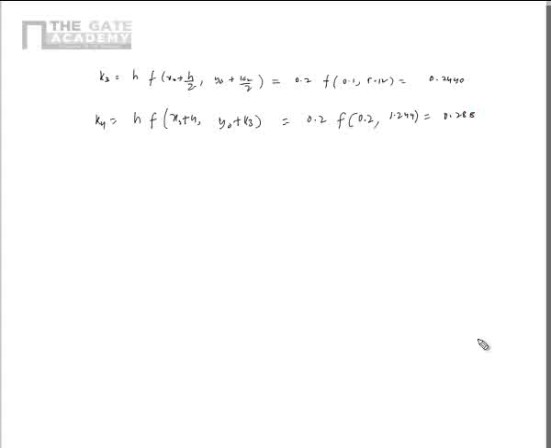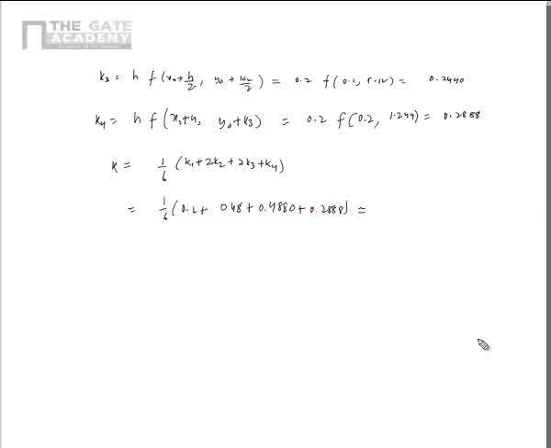0.2888. Okay, so now you have k1, k2, k3, k4, so k will be 1 by 6 of k1 plus 2k2 plus 2k3 plus k4, and this value comes out to be 1 by 6 of 0.2 plus 2 times 0.24, plus 2 times 0.244, plus 0.2888.